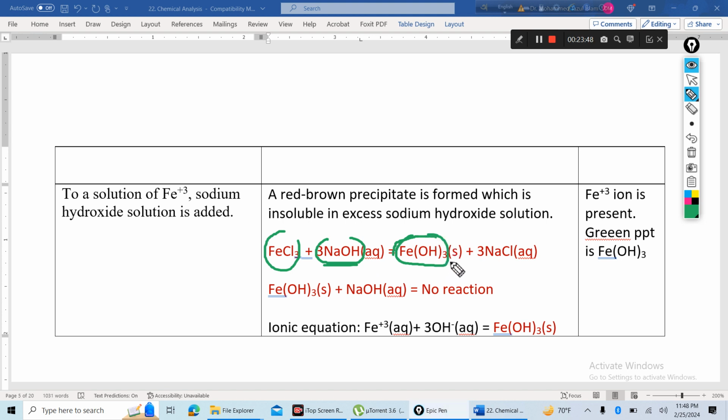This is the red brown precipitate, and this red brown or brown precipitate is also insoluble, it does not dissolve in excess sodium hydroxide. Hopefully you can understand. Okay, thank you dear students.